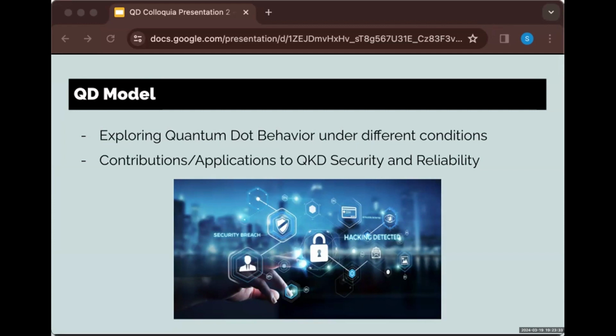Optimizing quantum dot performance becomes easier when we understand variations in ground state energy, and targeting configurations associated with lower energy states improves the reliability and security of the QKD system. And basically, that is what the QD model aims to achieve in a nutshell.